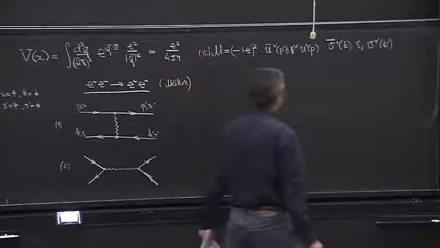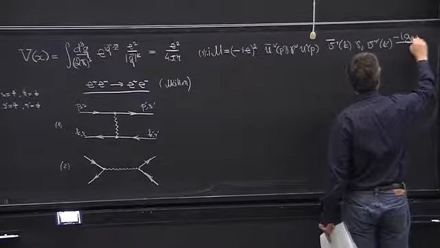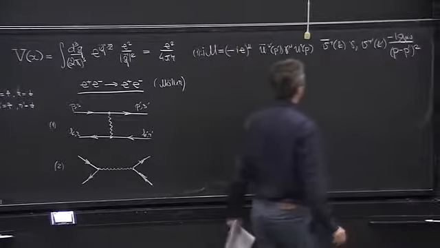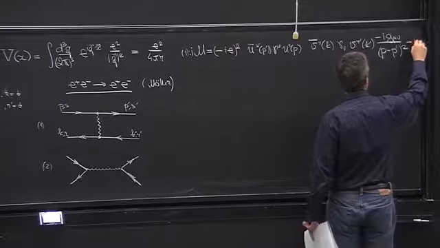Then we should write down minus i g mu nu over p minus p prime squared. And there will be an extra minus sign.